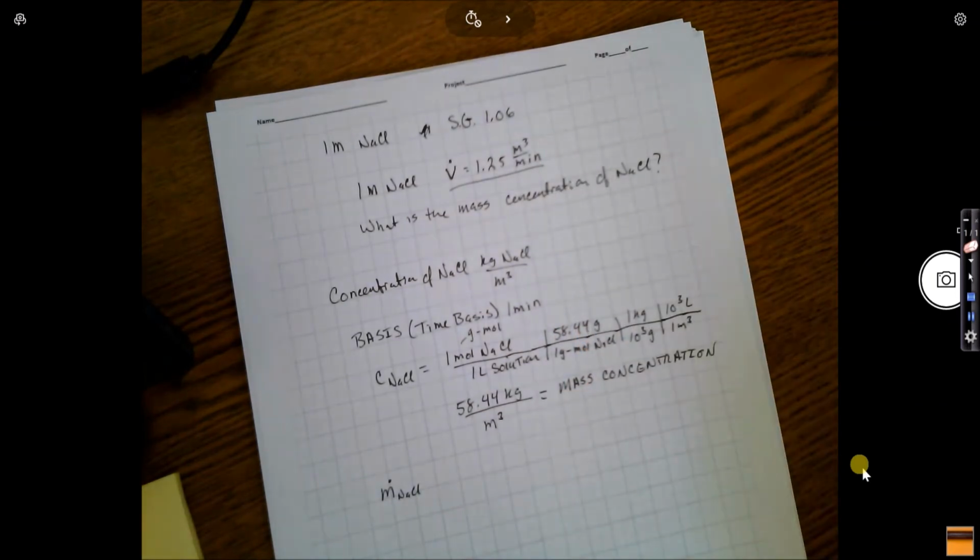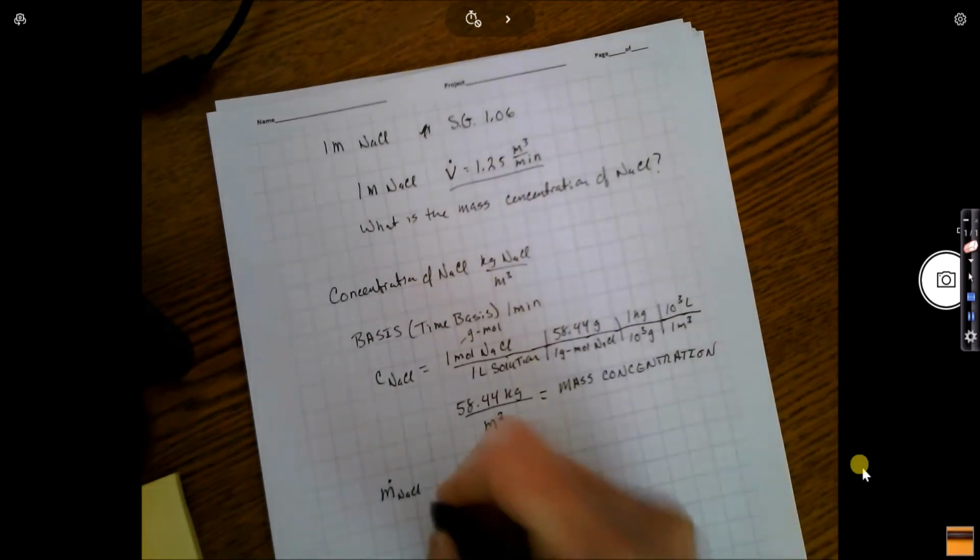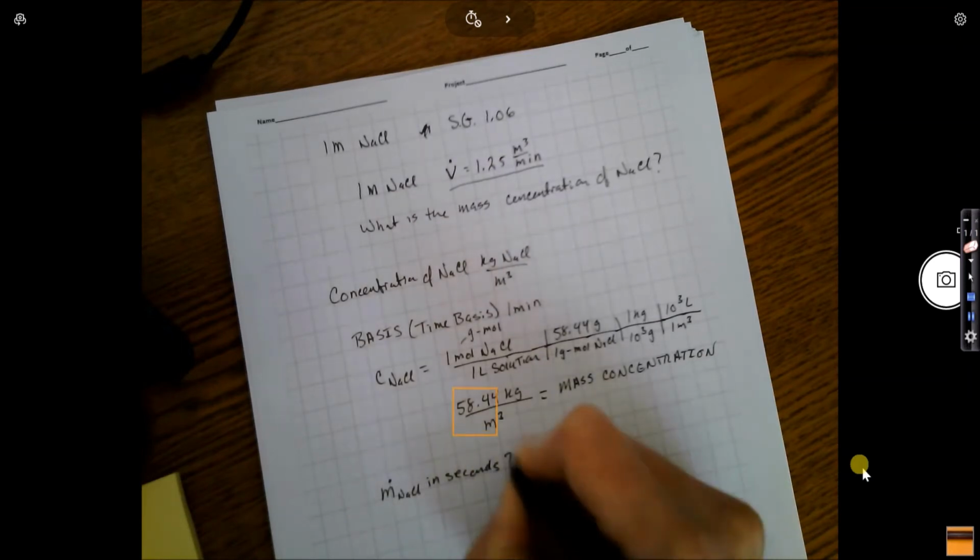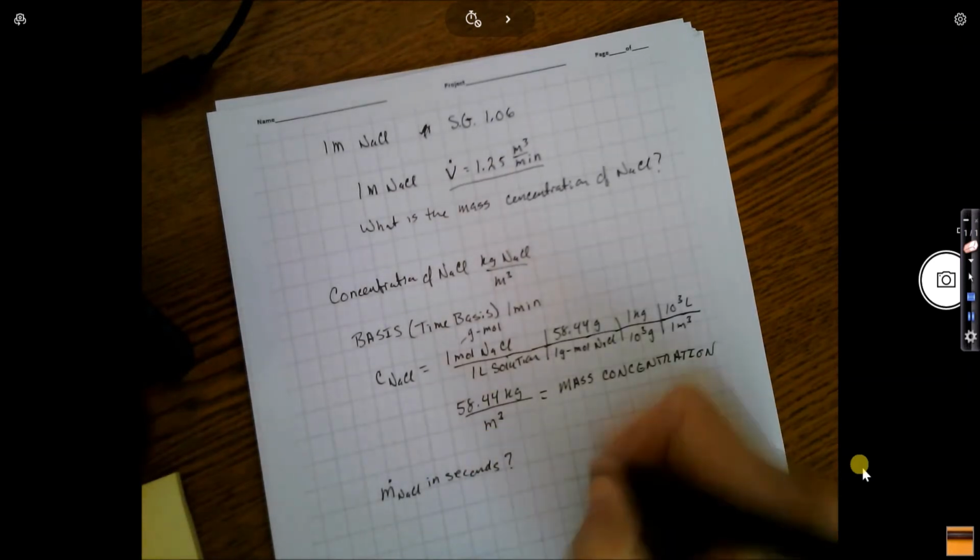So we want to know what the mass flow rate is. Let's say we want to know the mass flow rate per second, just for funsies.